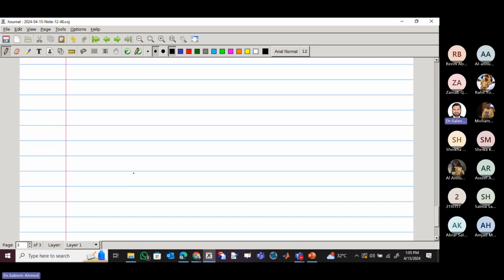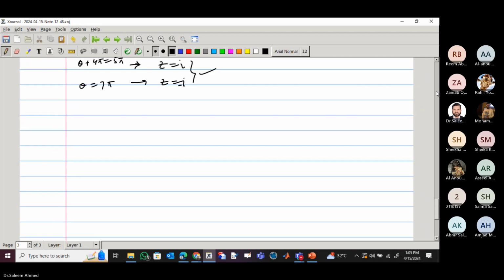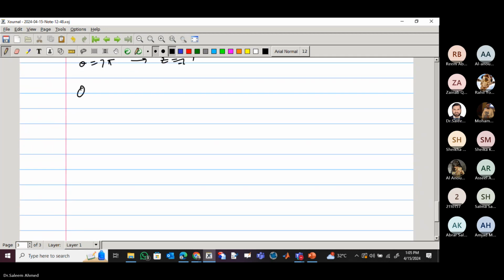So there is a question, a very famous question. They say find cube roots of unity.